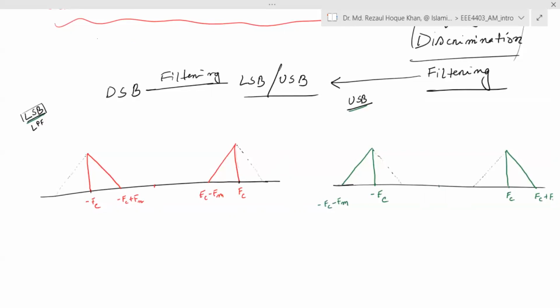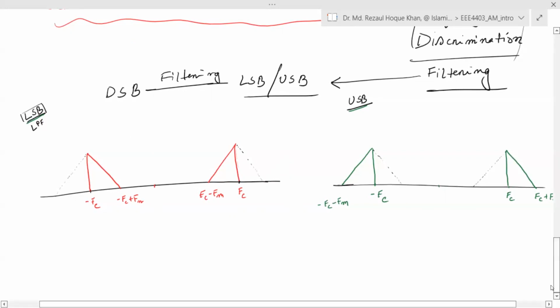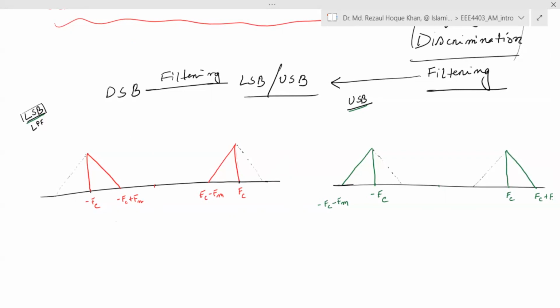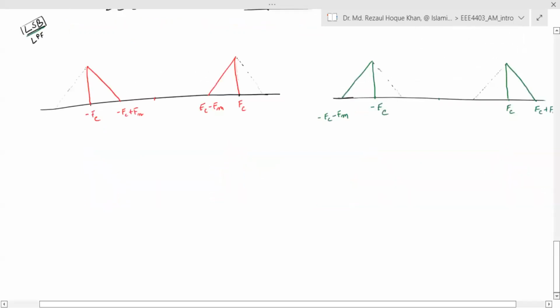So if I have a low pass filter, say I have a low pass filter, let me draw it again. This signal, the lower sideband signal.